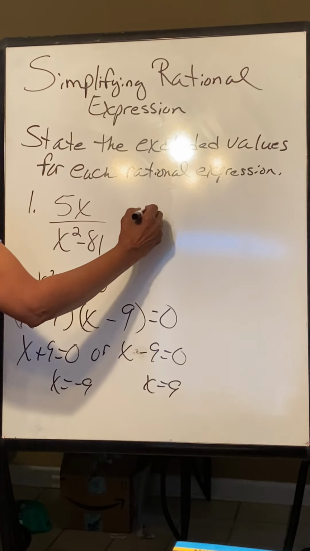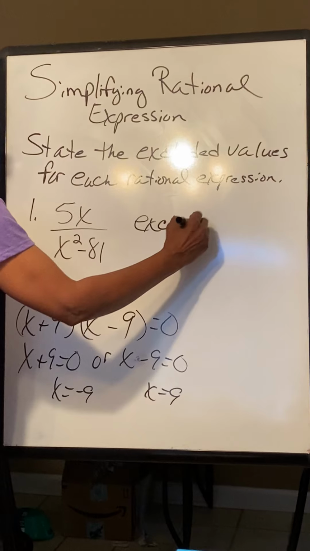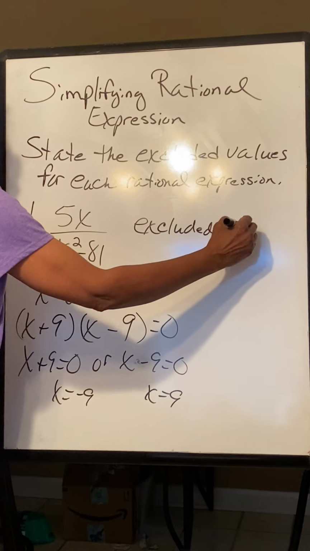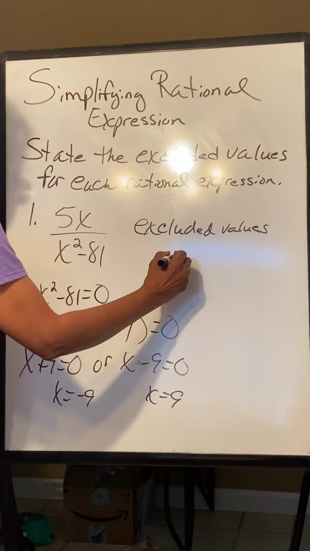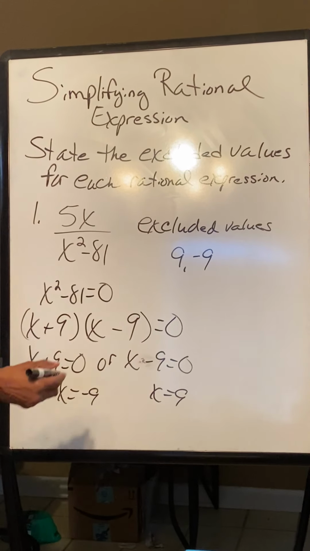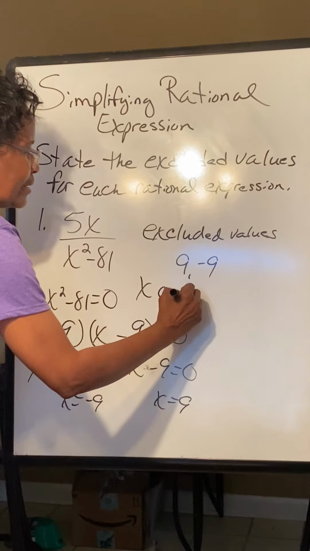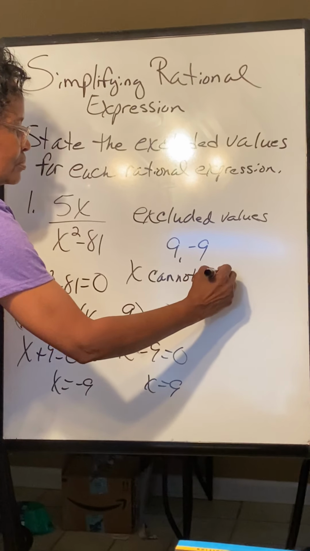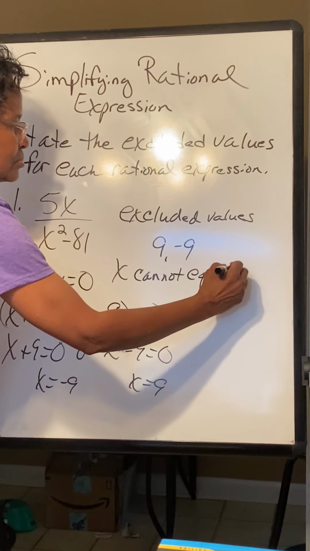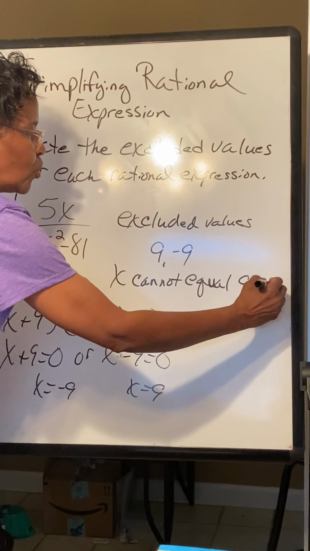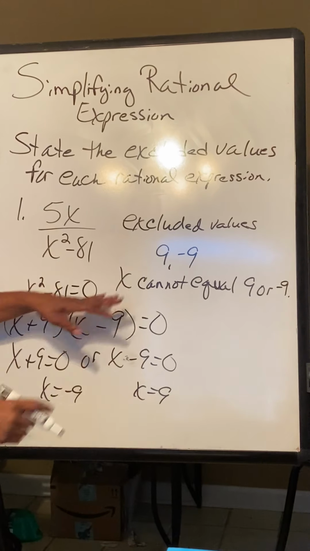So my excluded values for this problem are 9 and negative 9, okay? So in other words, x cannot equal 9 or negative 9. Why?